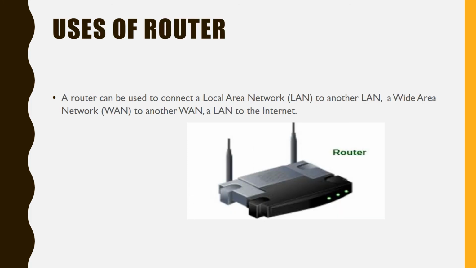Now, uses of a router. A router can be used to connect a local area network to another LAN, or a wide area network to another LAN. The type of topology may be different and the type of cabling system can be different, but the type of network should be the same, unlike in the previous devices.